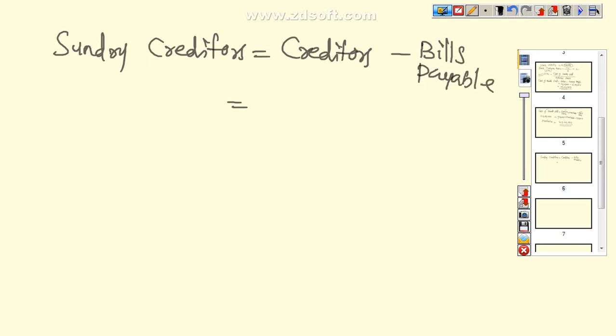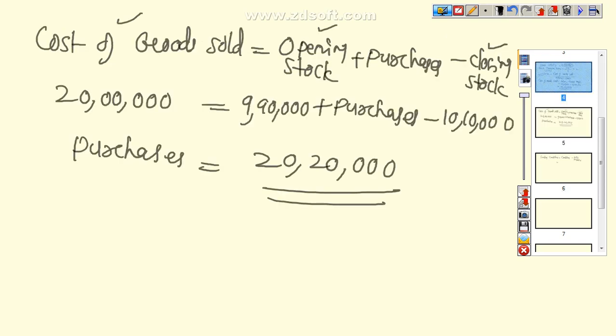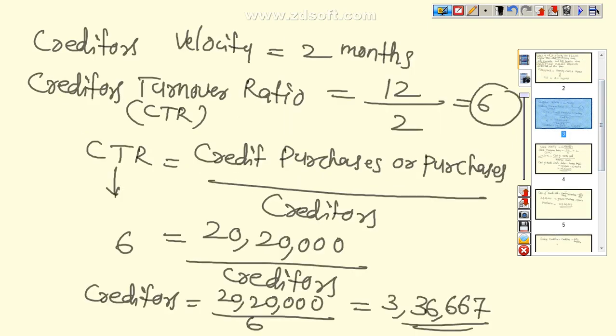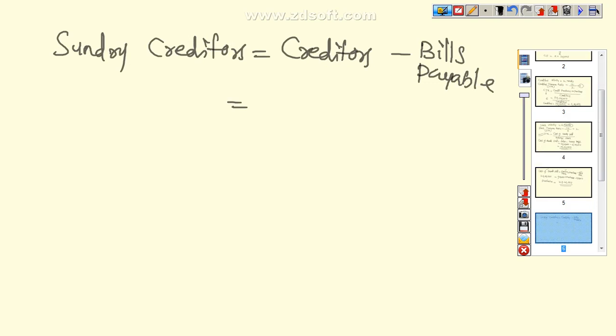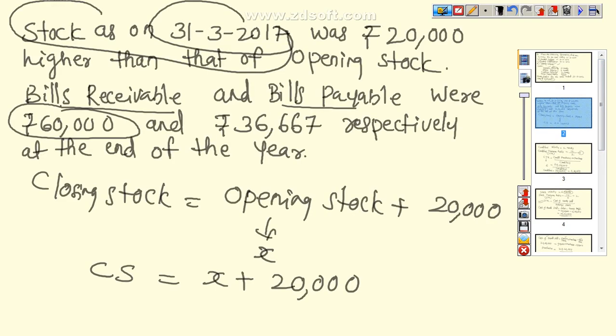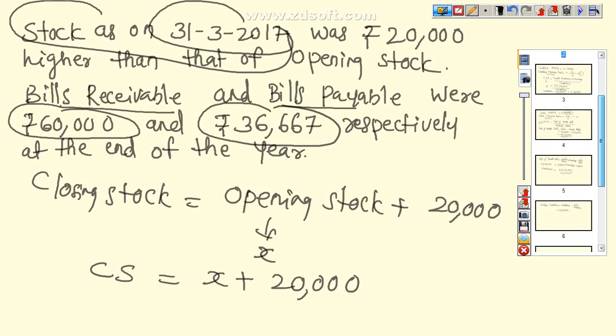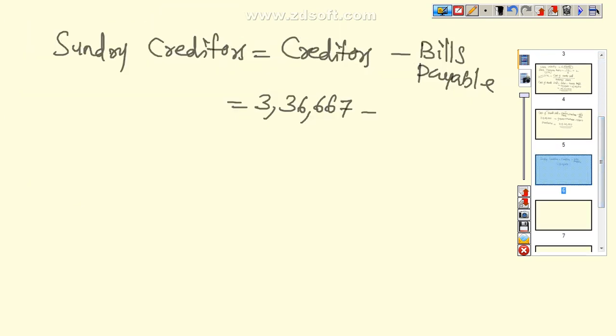We have calculated creditors is equal to 3,36,667. Minus bills payable, already given in the question, bills payable is equal to 36,667. So we deduct it in order to calculate sundry creditors, that is equal to 3 lakh.